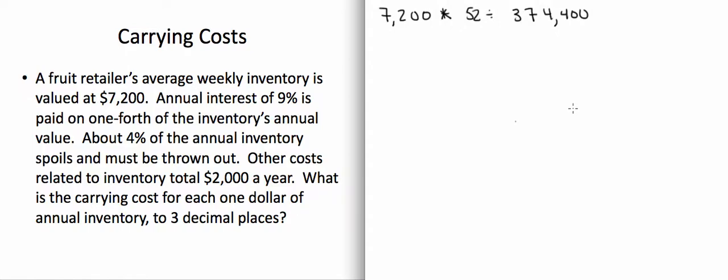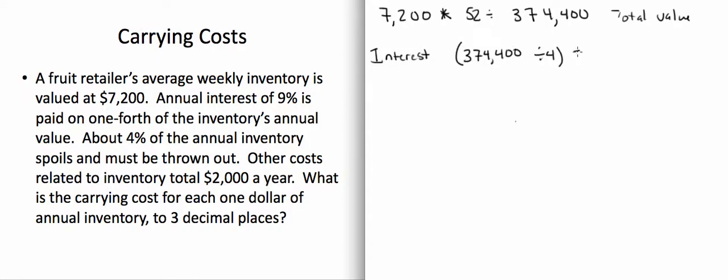All right. Annual interest of 9% is paid on 1/4 of the inventory's annual value. So now we're trying to find the value for interest. It's on 1/4 of this total value, so we take 374,400 and divide that by 4 first.